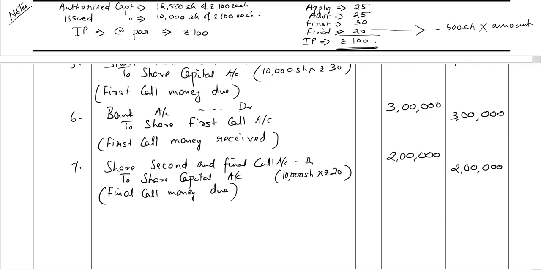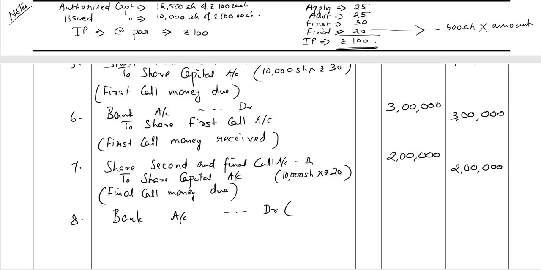Last journal entry, 8th, it's for receipt of the final call money, bank account debit. We have received on 9,500 shares, rupees 20 per share. So the total amount received by us is 1,90,000 rupees. The amount which is not received will be debited.